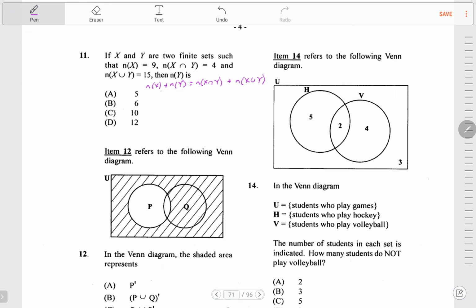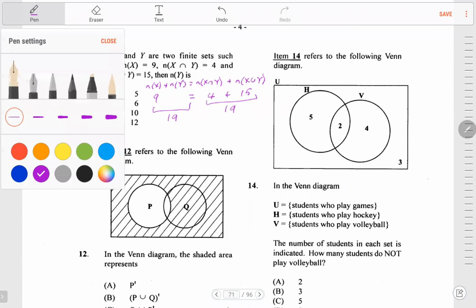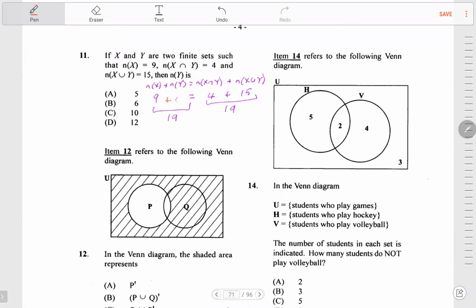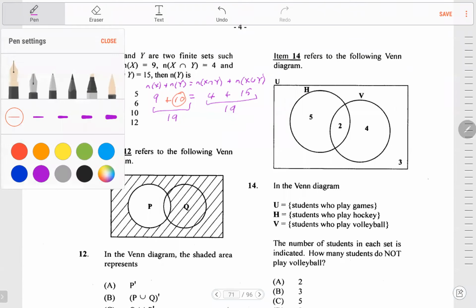The number in X is 9. The number in the intersection is 4. The number in the union is 15. So these two add up to 19. This side also must add up to 19. And so this has to be 10. The answer is 10.